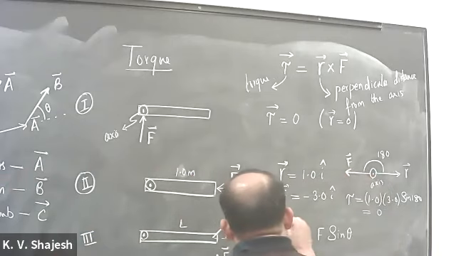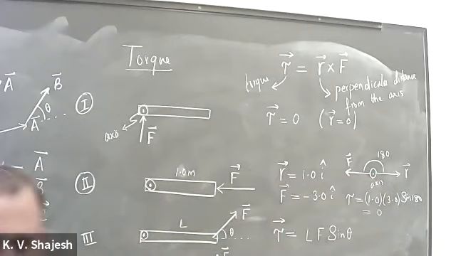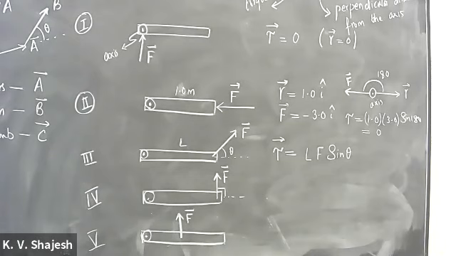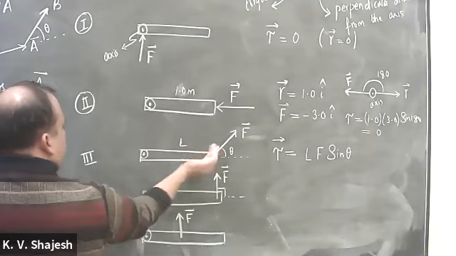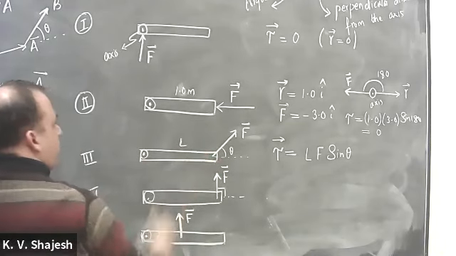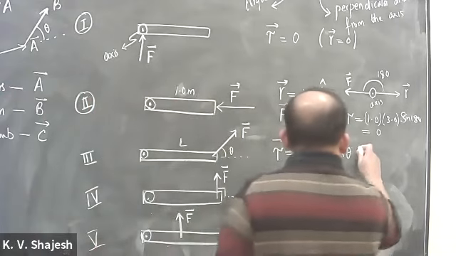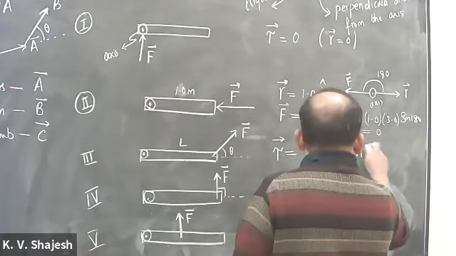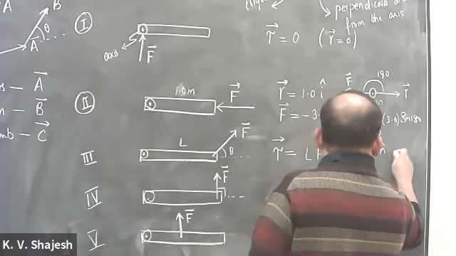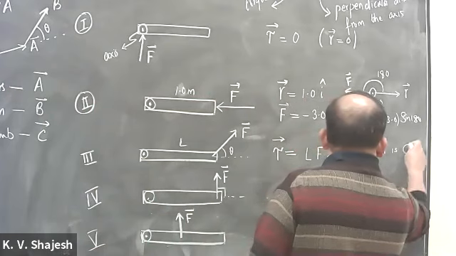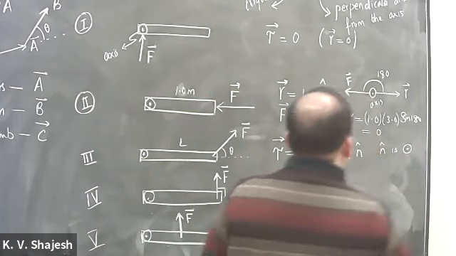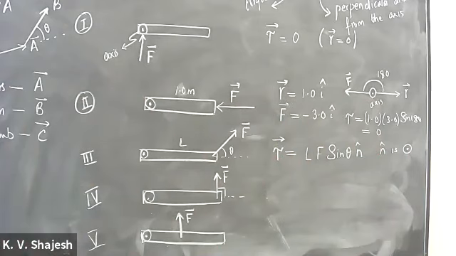So this is your torque vector, and its direction will be r crossed with F. r is in this direction, force is in this direction, so it's coming out of the board, so that's n hat. So n hat is in the direction of coming out of the board.